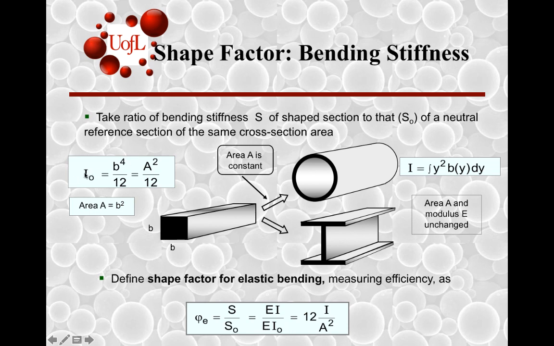If you rearrange terms here and introduce the amount for I naught, then for the same material, the modulus will be the same, and you have the shape factor then as 12 times I divided by A square, where I is the area moment for the new shape, and A square is the cross-sectional area for any of the shapes.